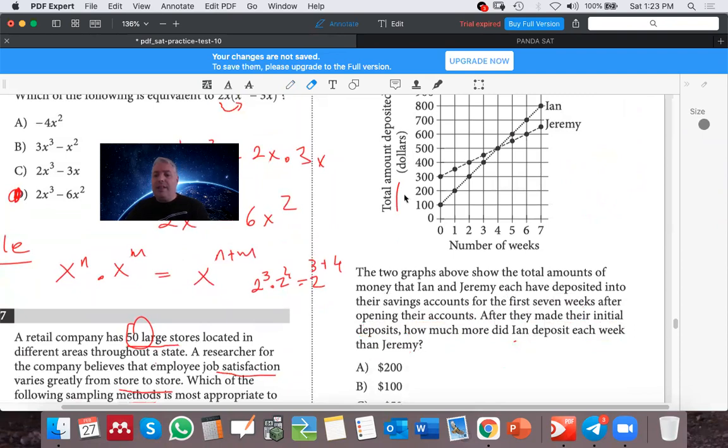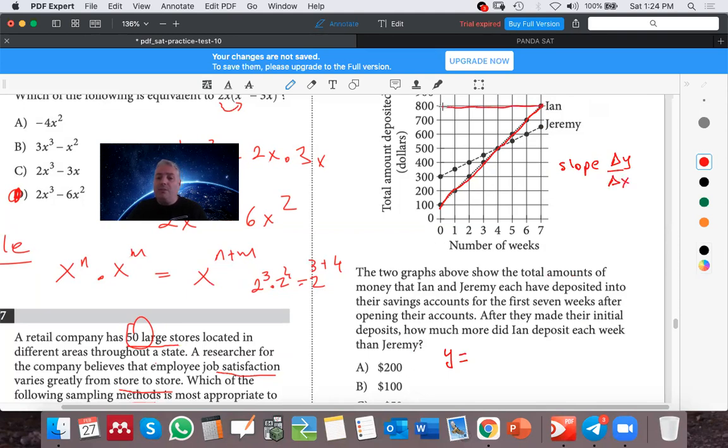The first thing, dear students, is to talk about the equation. How can I express the equation of this line? To write the equation, I need the slope. Slope means delta y over delta x.